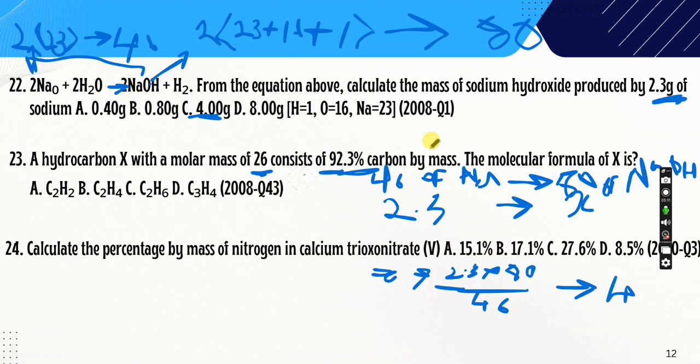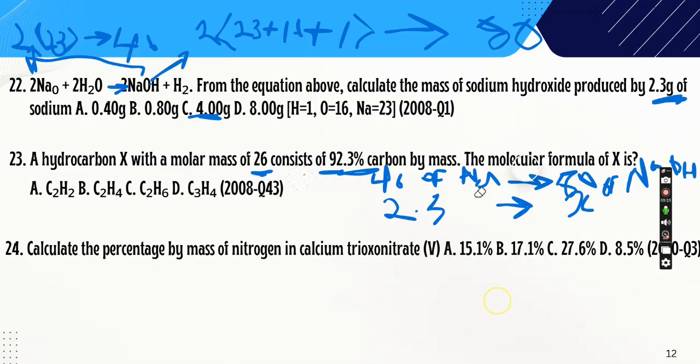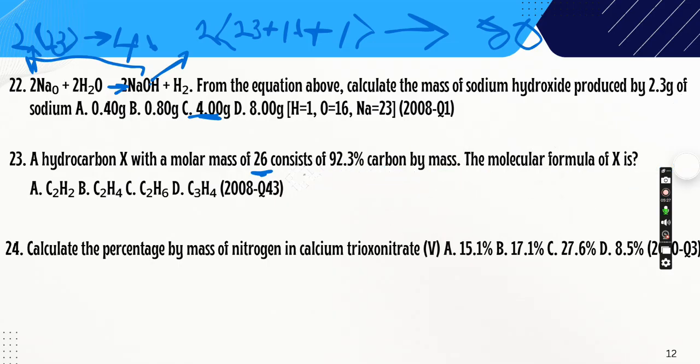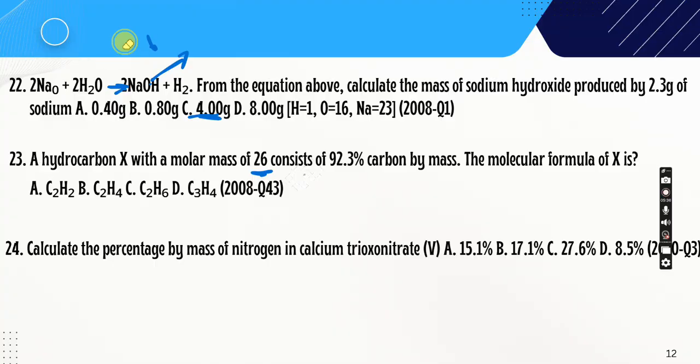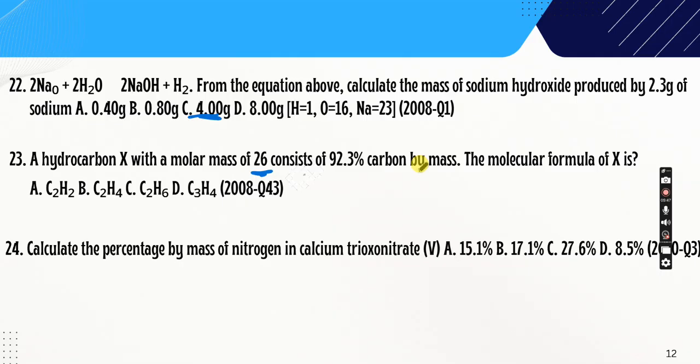Since a hydrocarbon is usually made up of carbon and hydrogen, definitely if the carbon is 92.3, the hydrogen will be 100 minus 92.3.